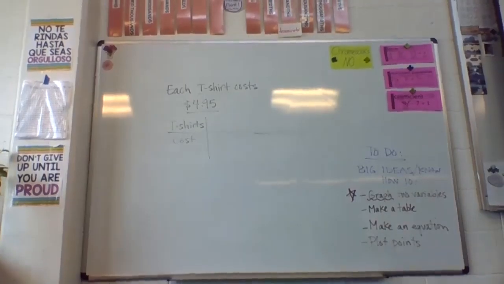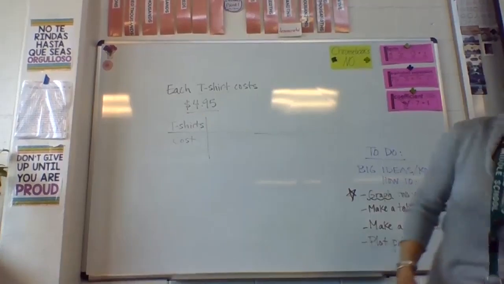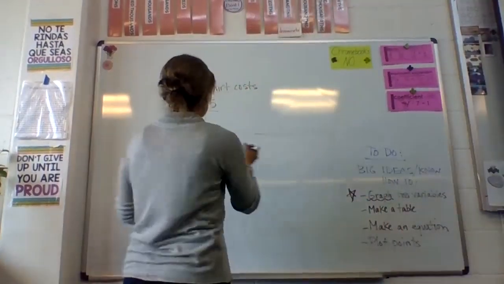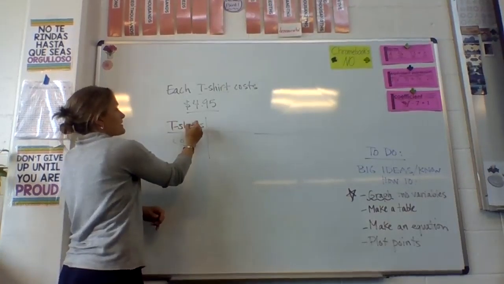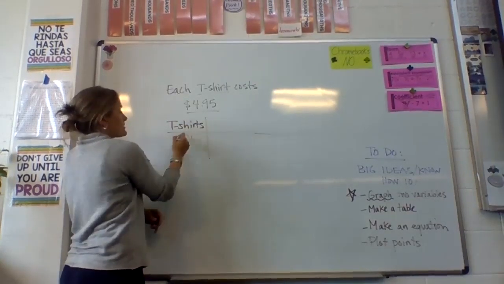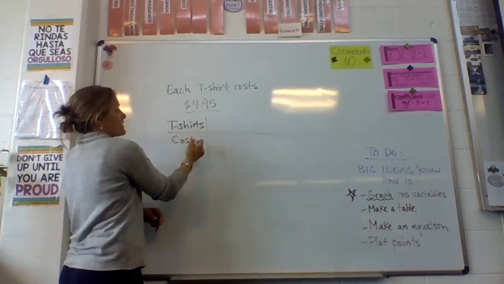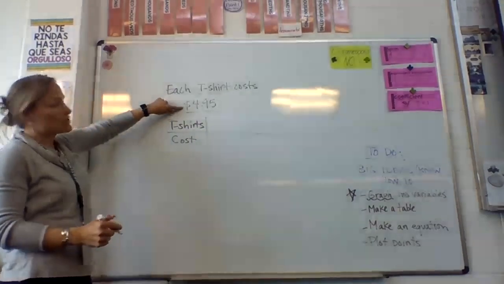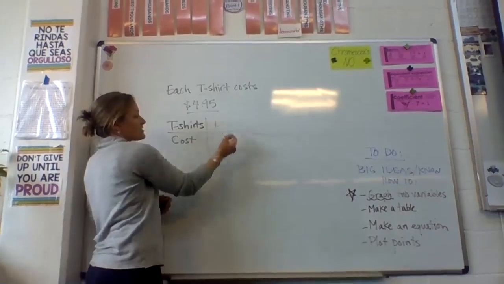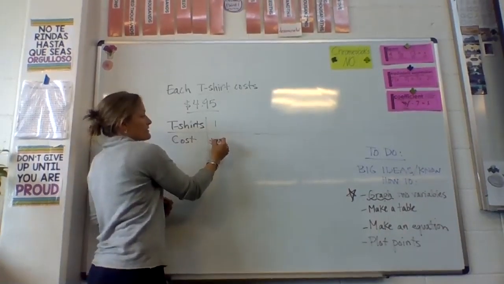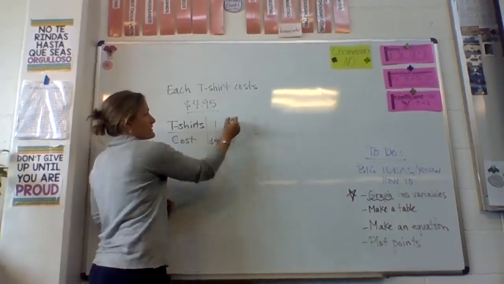Okay, so our two variables, there, now we can see that a little bit better. T-shirts, cost. So if we know each t-shirt is $4.95, then we would have one t-shirt equals $4.95.